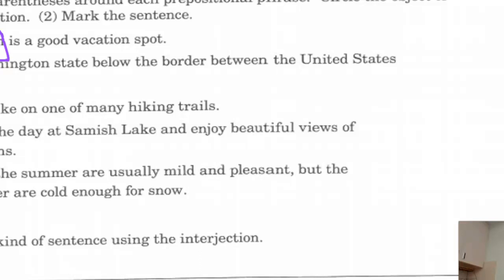Bellingham, because the object of the preposition is always the last word. So, what is my subject? My subject is city. So I draw my line. City is. Now we're going to go on to do these next 5 on your own.